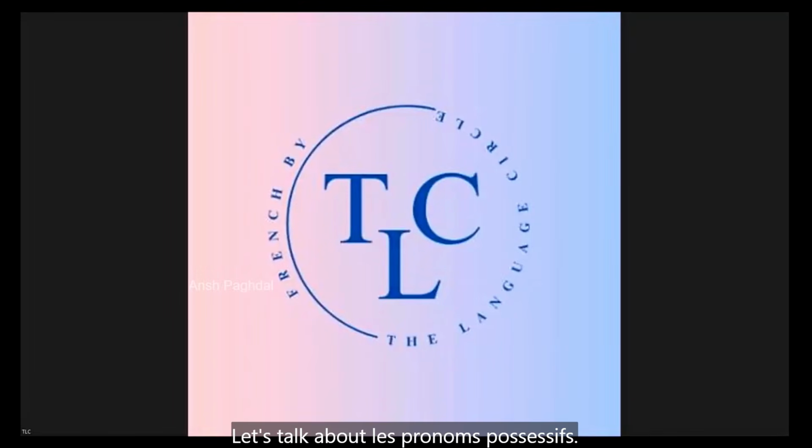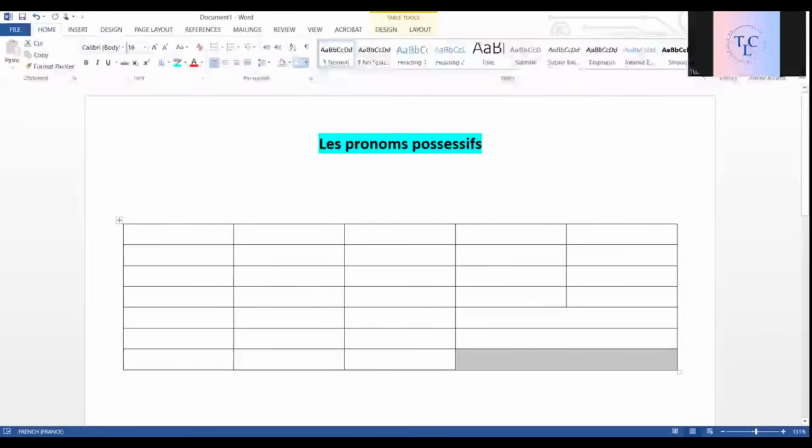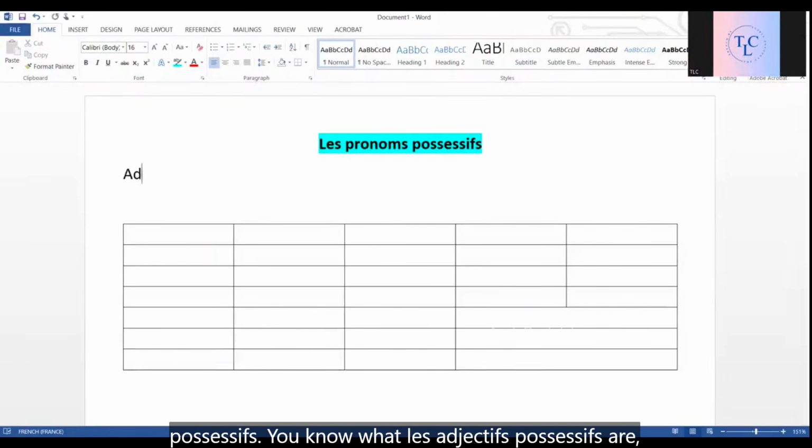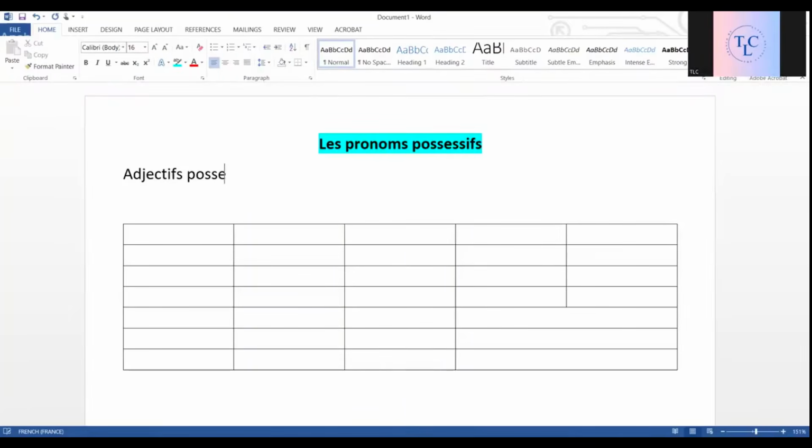Let's talk about les pronoms possessifs. Before starting this topic, we'll talk about les adjectifs possessifs. You know what les adjectifs possessifs are, right?